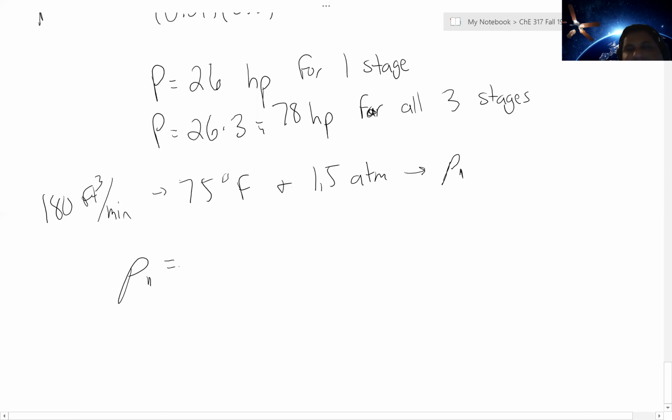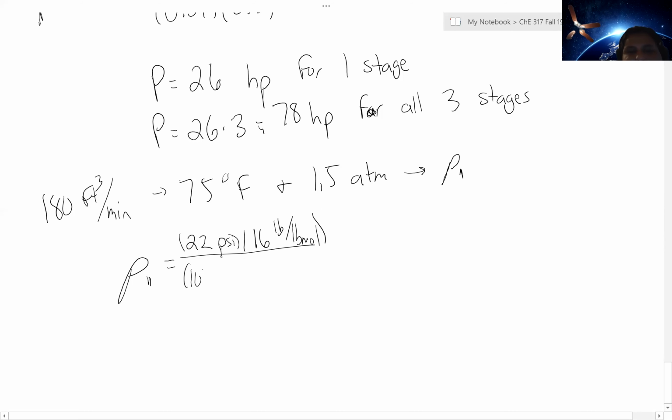So 1.5 atmospheres is what in PSI? 14.7 times 1.5, about 22 PSI. And then the molecular weight of methane is 16 pounds per pound mole.